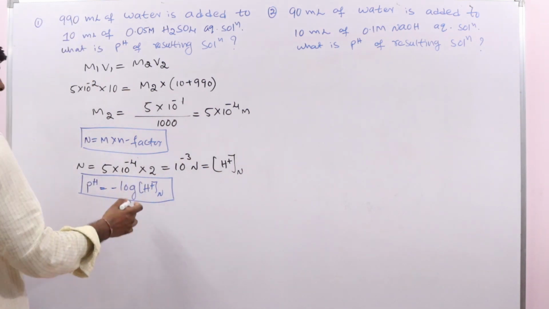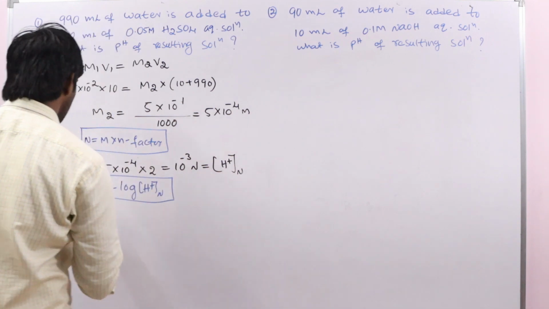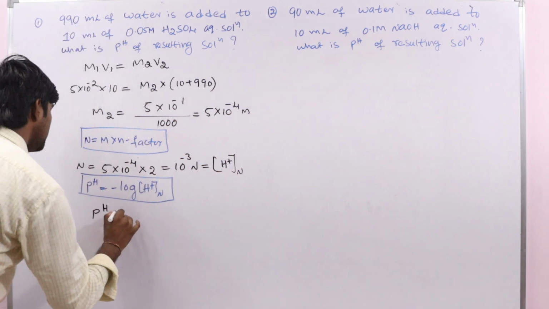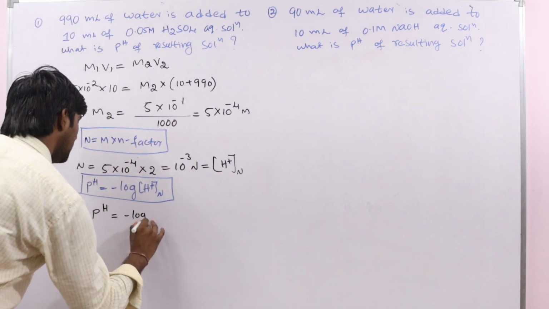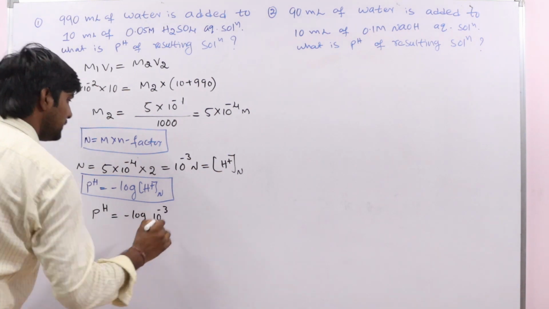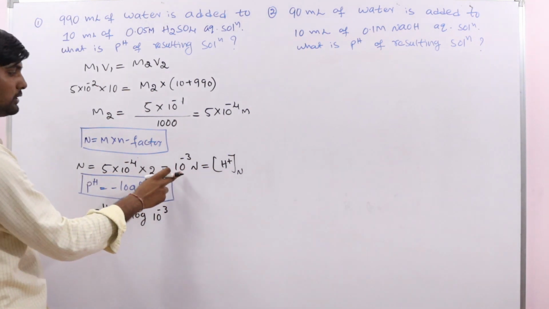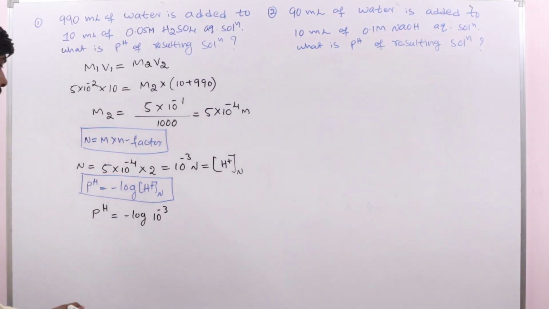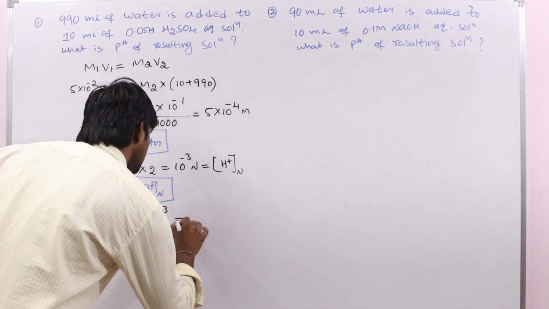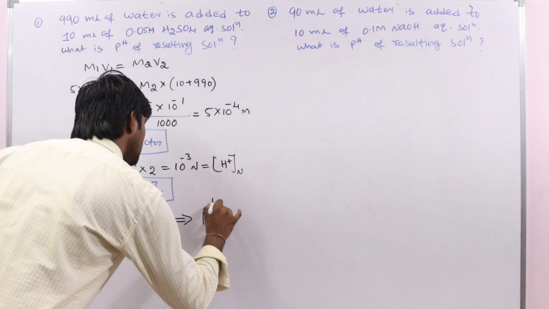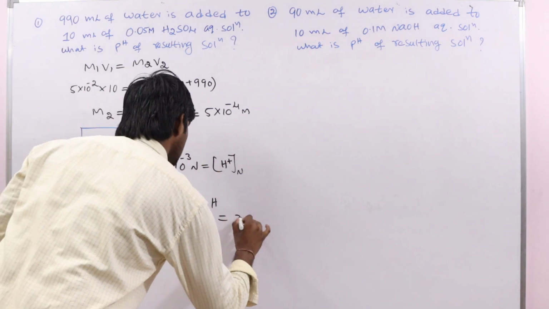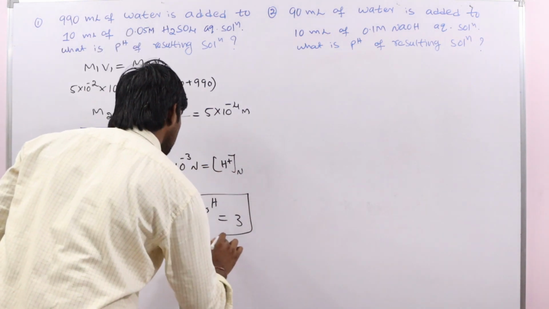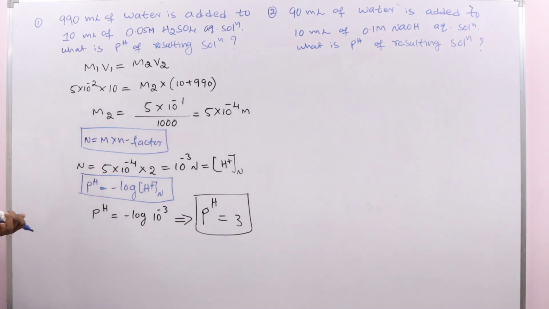Substituting, pH is equal to minus log 10 power minus 3, since H plus ion concentration is 10 power minus 3 normal. So pH is equal to 3.